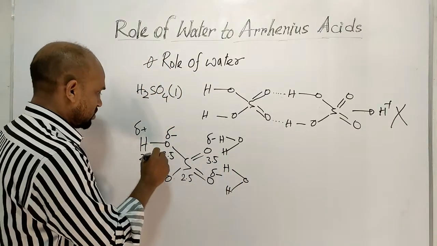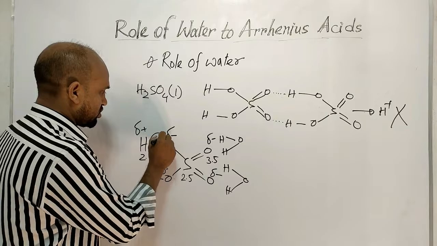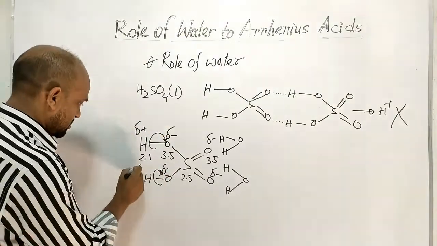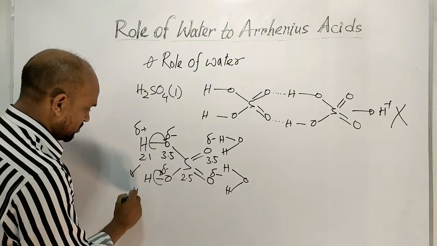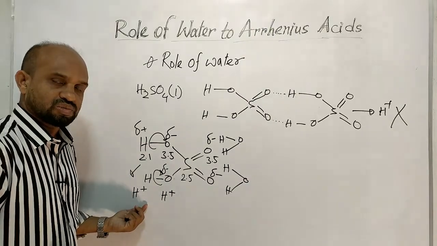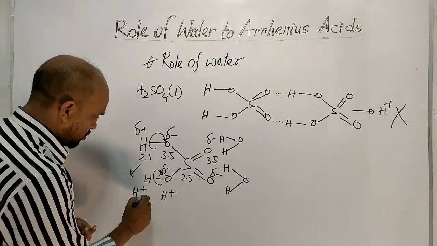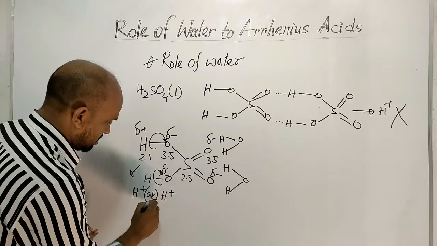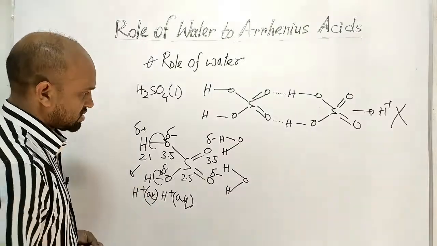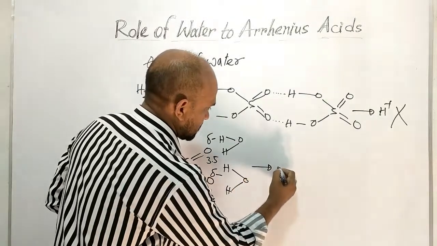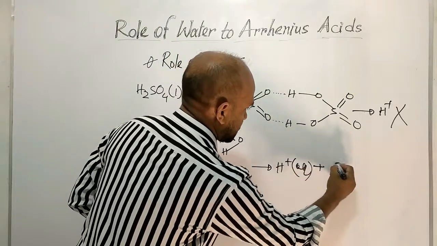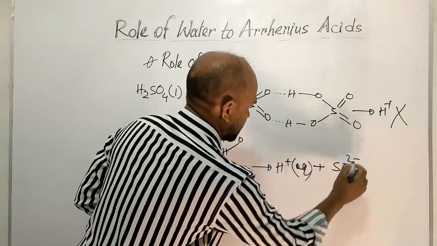At one stage, both the hydrogen-oxygen bonds undergo heterolytic fission, and from this compound, two protons at a time are produced from sulfuric acid. These protons are again surrounded by water molecule with its negative end. At the same time, this is proton, and sulfate ion is produced, 2-.